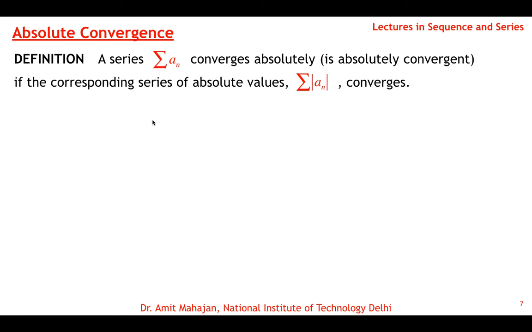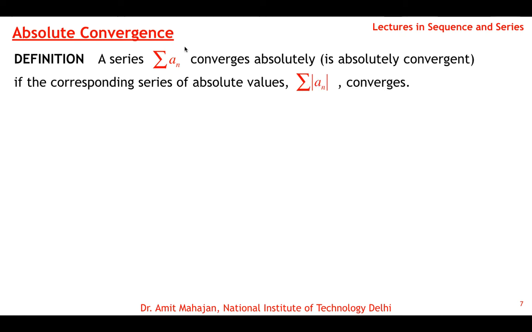This definition of absolute convergence says that a series an, where the terms an can have positive as well as negative terms, converges absolutely, or we say it is absolutely convergent, if the corresponding series of absolute values of an converges.